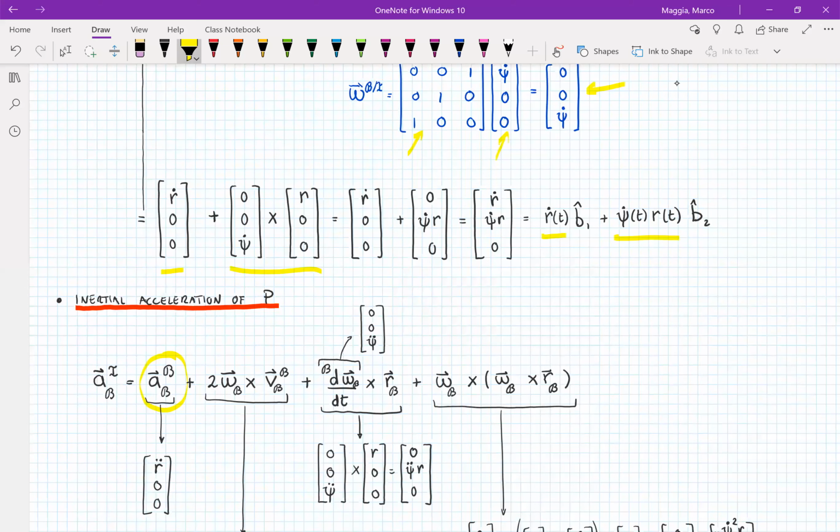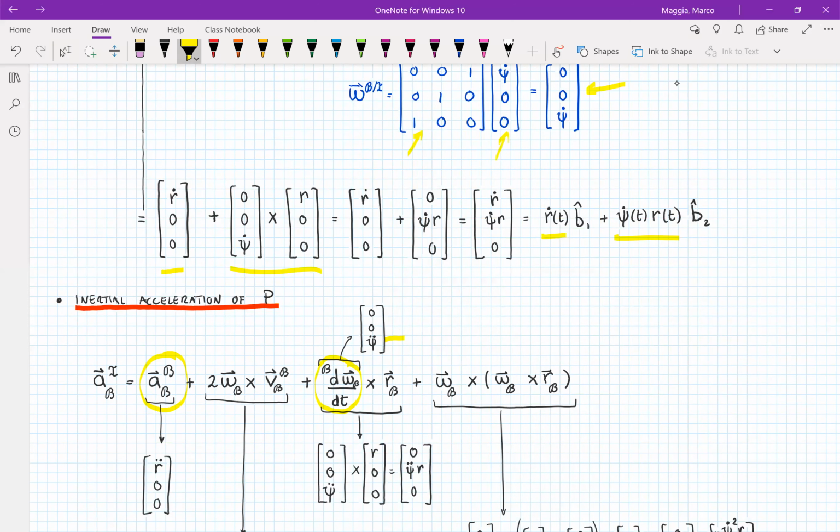So this is really the easiest part of this expression. The other vector that we haven't mentioned is the derivative with respect to time of the angular velocity. In this case, the angular velocity is very easy, (0, 0, psi dot). So its time derivative is (0, 0, psi double dot).